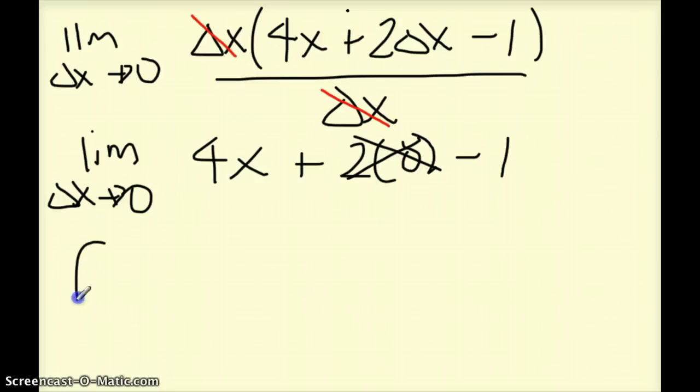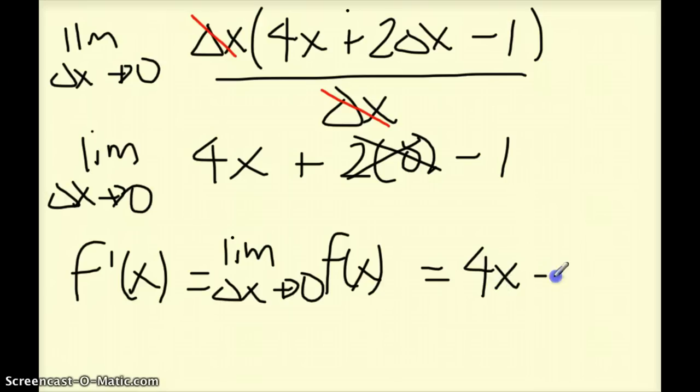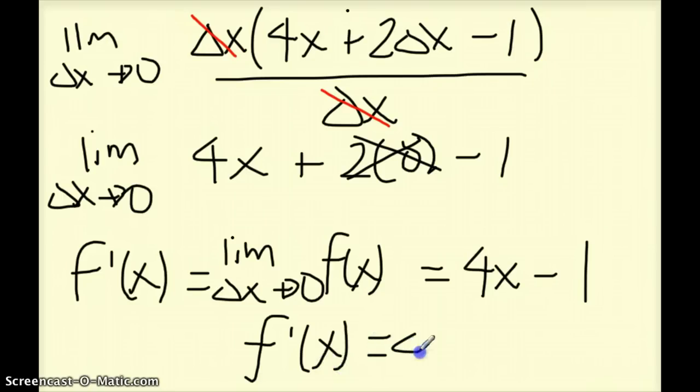And so f prime of x, which is the same as the limit as delta x approaches 0 of the function, is actually equal to 4x minus 1. And there you go. Your derivative is equal to 4x minus 1.